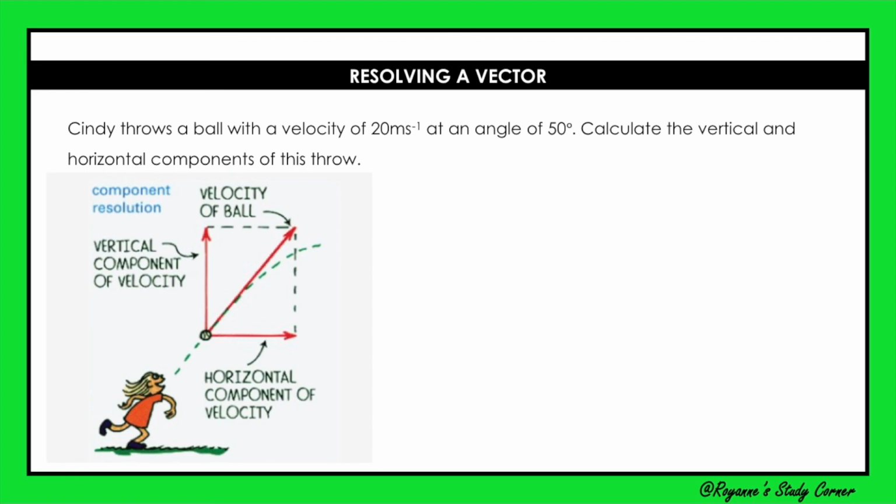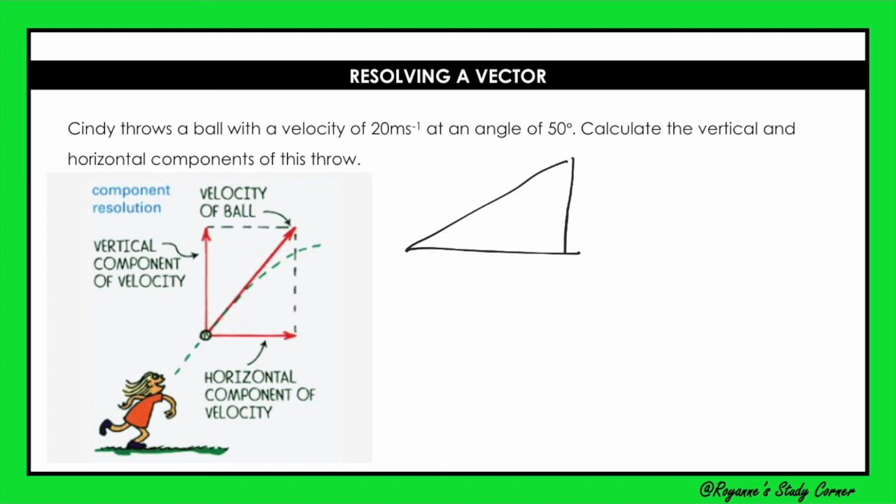Here we have Cindy, who throws a ball with a velocity of 20 meters per second at an angle of 50 degrees. Calculate the vertical and horizontal components of this throw. So let's draw a little triangle because it just makes it easier.